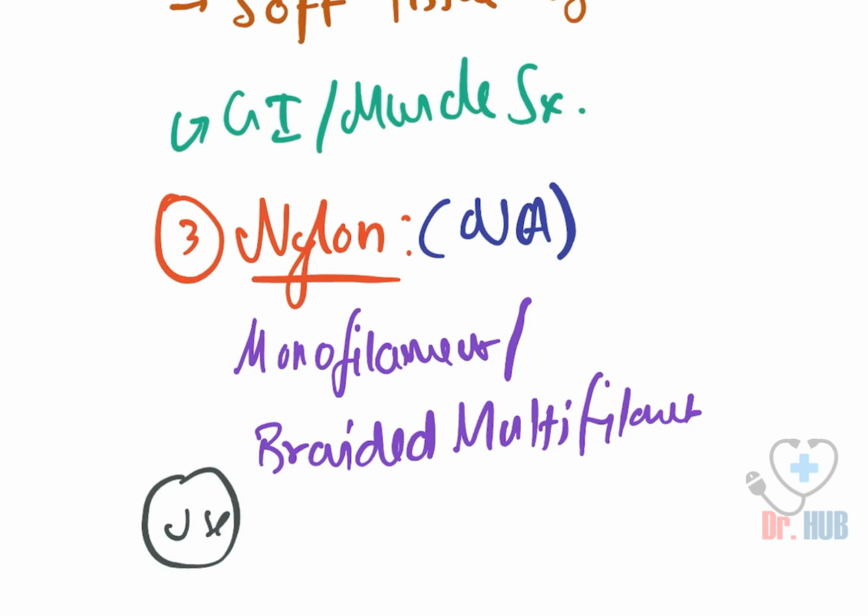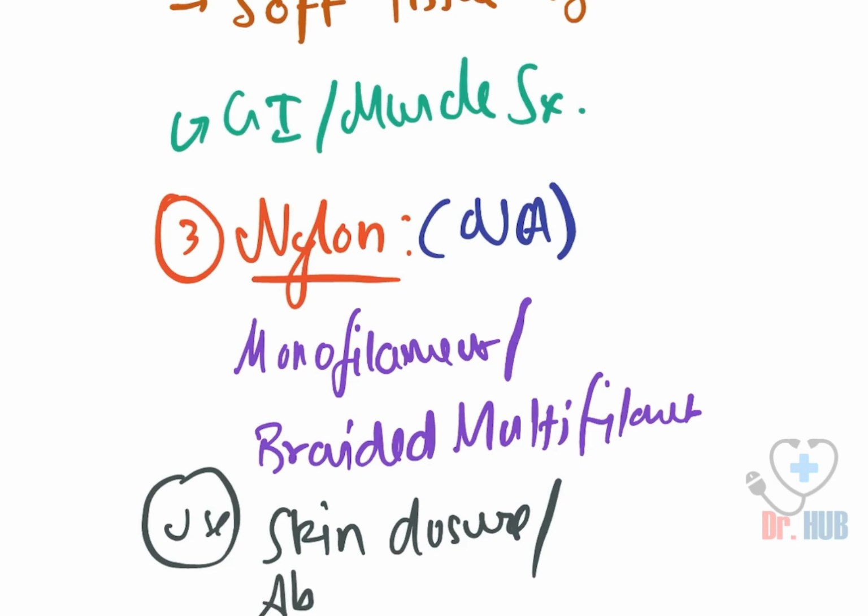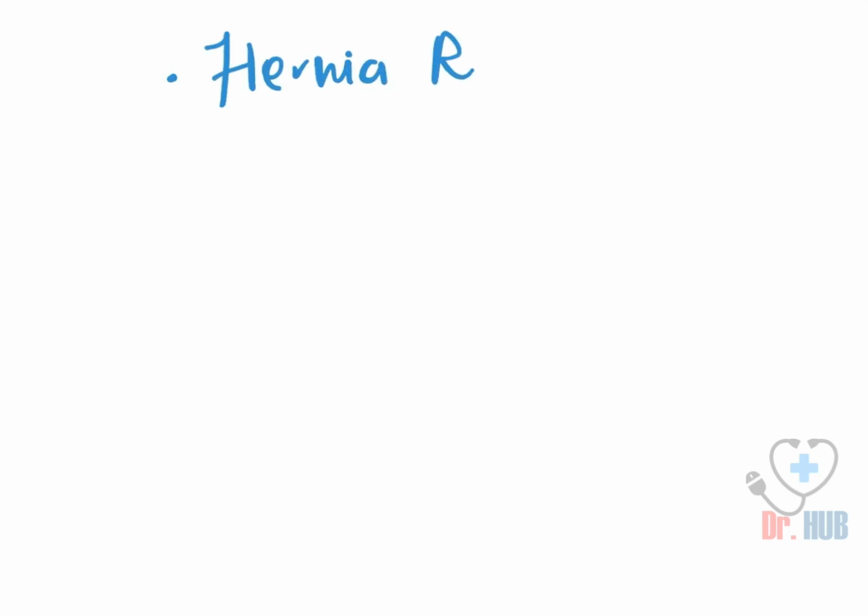The nylon is used in skin closure and abdominal wall closure. And the other uses, the nylon can also be used in hernia repair. Next, it is used in neurosurgery as well.